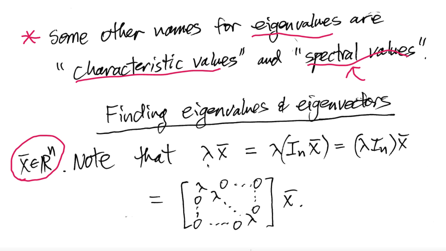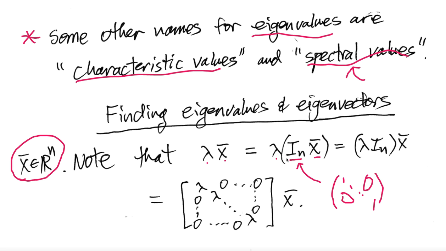Any scalar lambda times x bar, I can write as a matrix product. Lambda times x bar is lambda times I sub n times x bar. What's I sub n? It's the n by n multiplicative identity, so it would have ones down the main diagonal, n by n with ones down the main diagonal and zeros everywhere else.